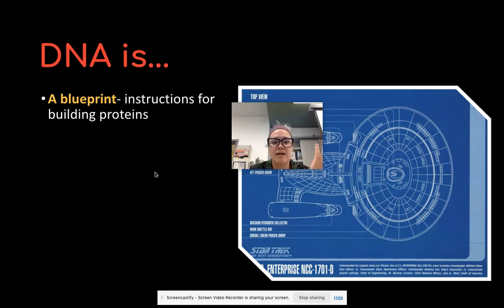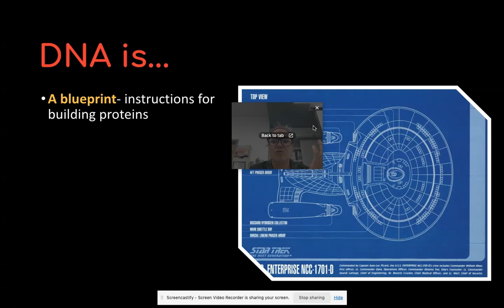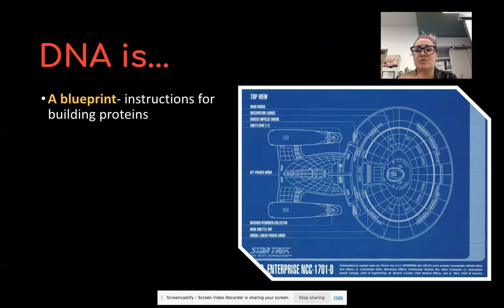And so DNA is used in our cells to create proteins. We talked a lot yesterday, kind of reviewed all of the different macromolecules and the function of proteins. There's a vast number of functions for proteins, but there's a lot of structural, and then there's a lot of communication components for proteins. So proteins are most of what your body's made of.